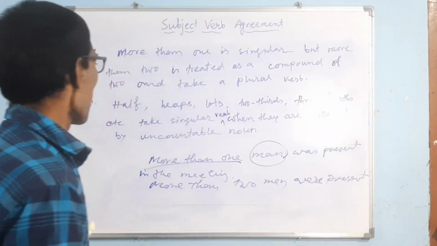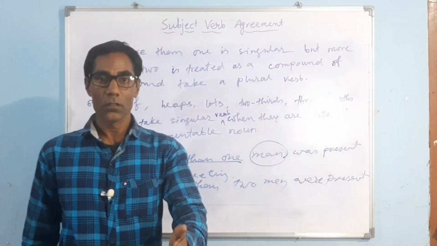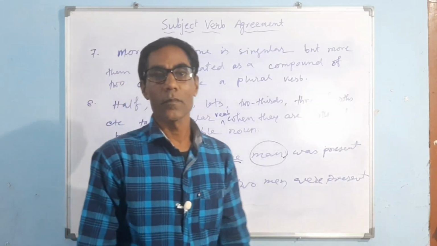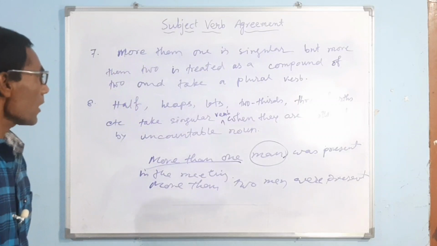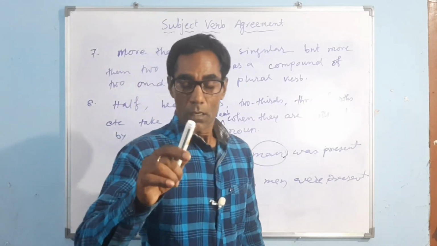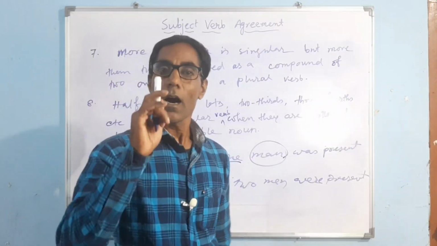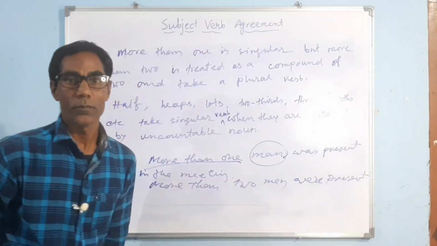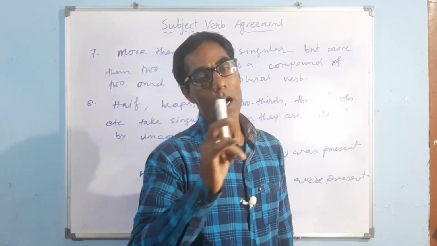Next rule: half, heaps, lots, 2/3, 3/4, 2/4, whatever. If it is followed by an uncountable noun, then you have to use a singular verb.